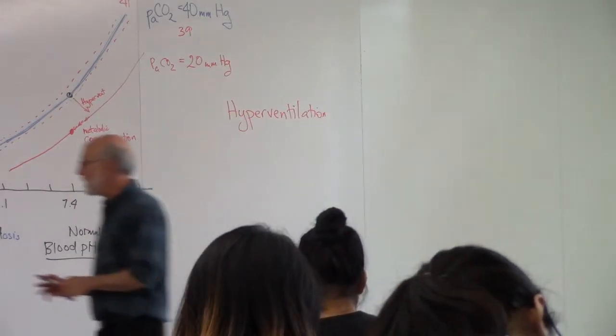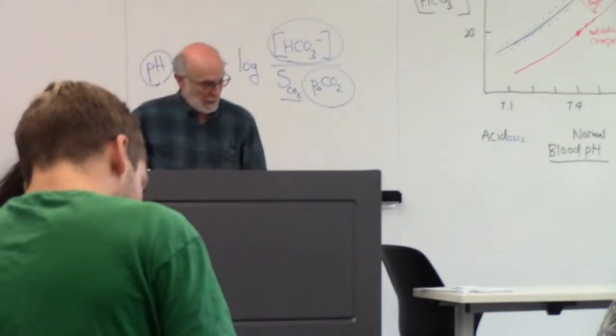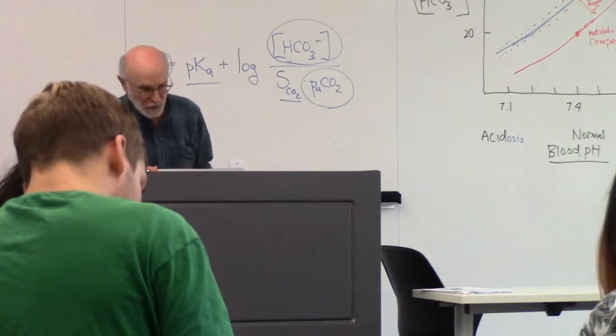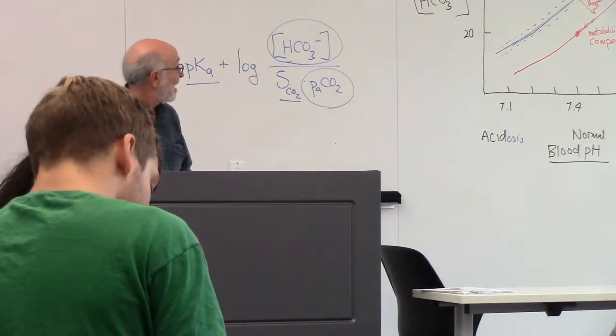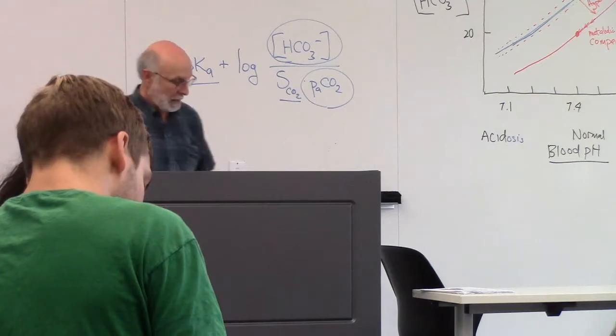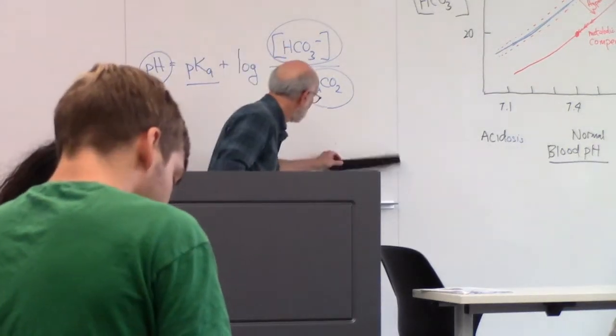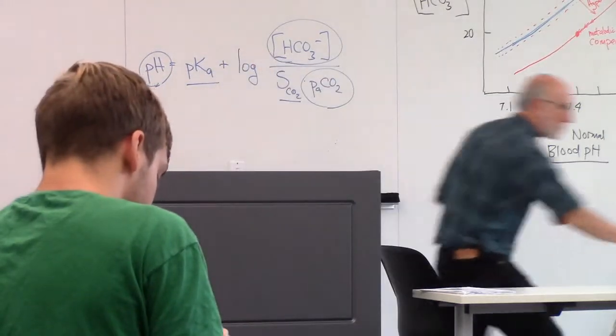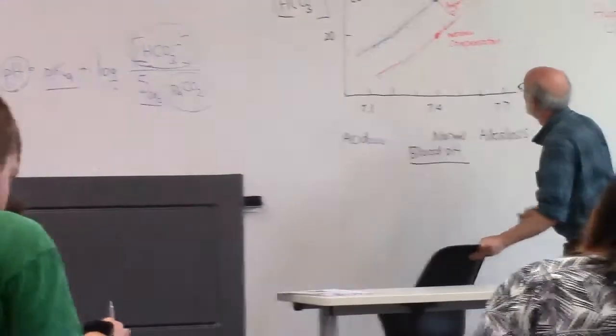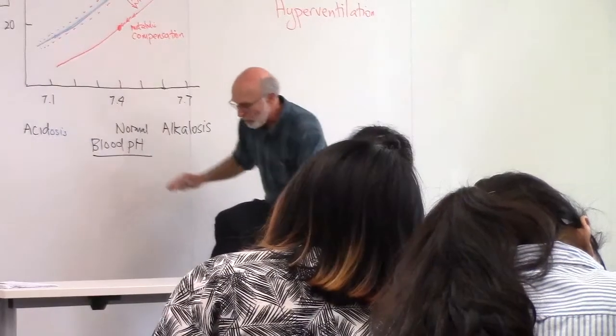Let's go to a different condition. I want a different color, and the orange isn't working. I've already used blue. Okay, I can use black. Okay, so like I said, there's a whole family of curves.